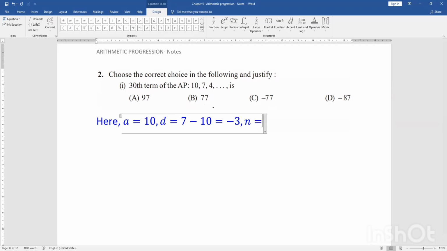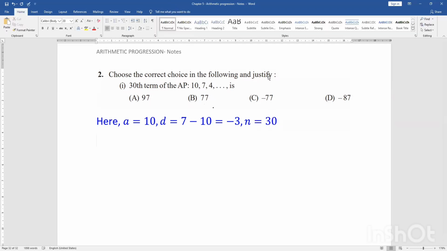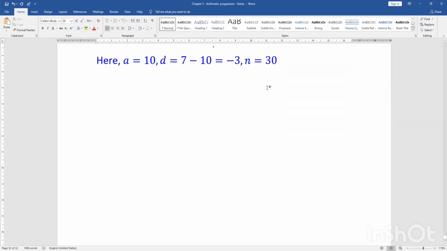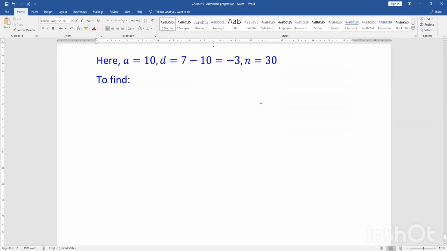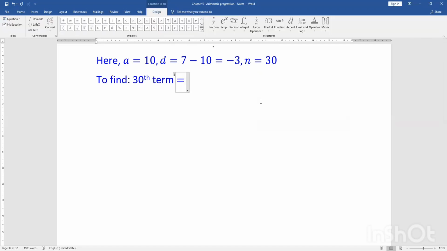So to find, we need to find the 30th term, which is a30.